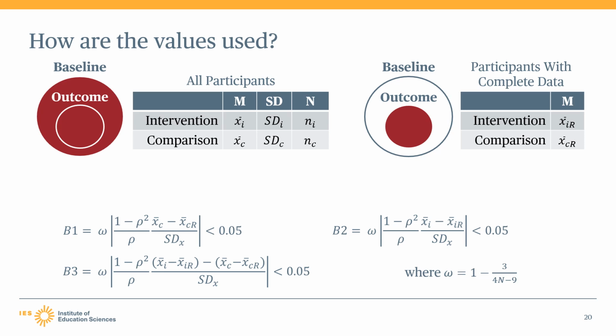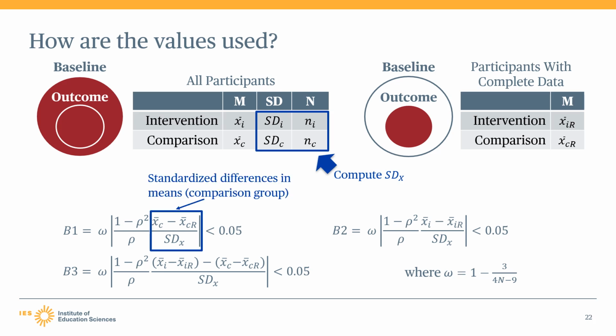Note that these formulas may look slightly different than what you see in Appendix E, just rearranged and condensed for space. The standard deviations and sample sizes of the full sample are used to calculate the pooled standard deviation of the baseline covariate, called SDX.